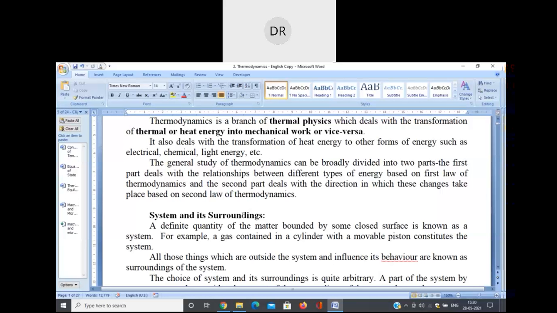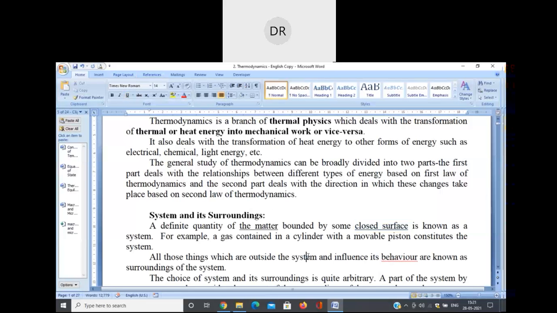Okay. Now you can observe these things very interestingly. A system consists of a matter and a surface. In future topics, like Carnot's engine, we observe these two terms, matter and surface, which constitute a system.